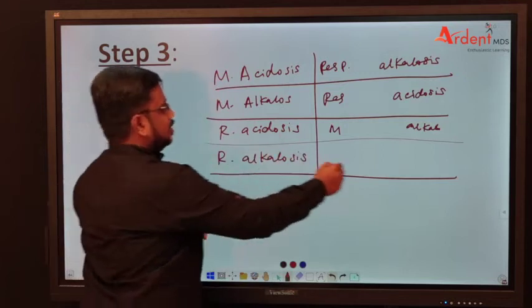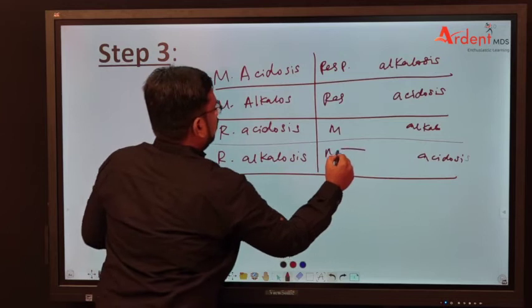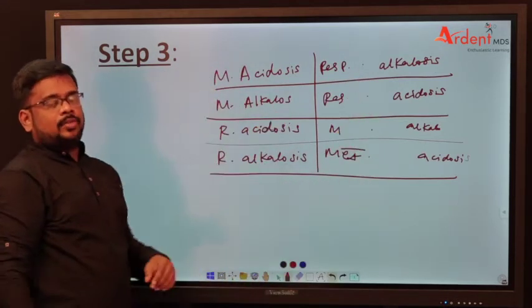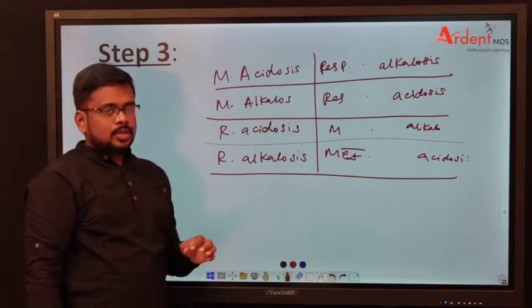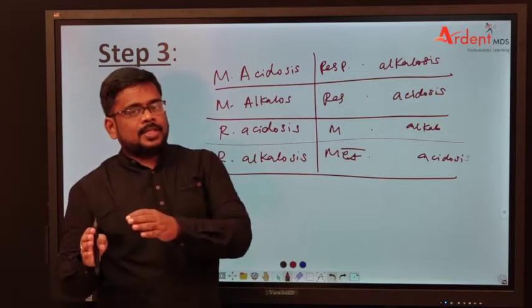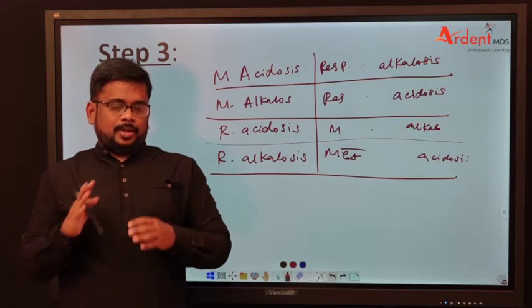Alkalosis opposite is acidosis, and respiratory opposite is metabolic, right? This is the simple way to answer for the compensatory mechanism. So it is just three steps. We have four processes: metabolic acidosis, metabolic alkalosis, respiratory acidosis, respiratory alkalosis.